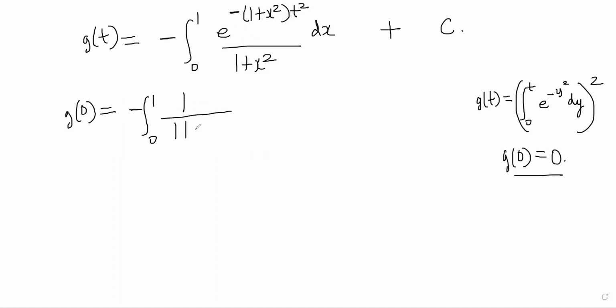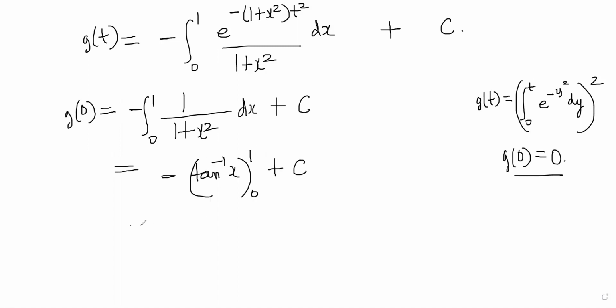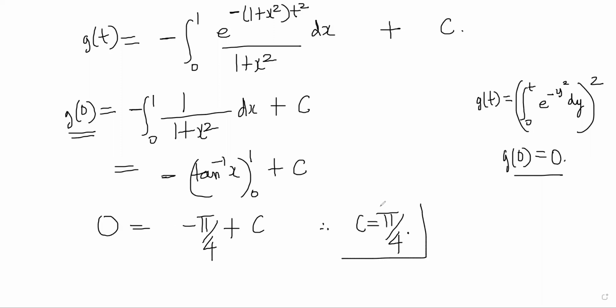It becomes 1/(1+x²) dx plus c. And this integral is fairly straightforward. This becomes tan⁻¹x from 0 to 1, with a negative sign, plus c. And that is minus π/4 plus c. And g(0) was 0, so 0. Therefore, we get c is equal to π/4, right?